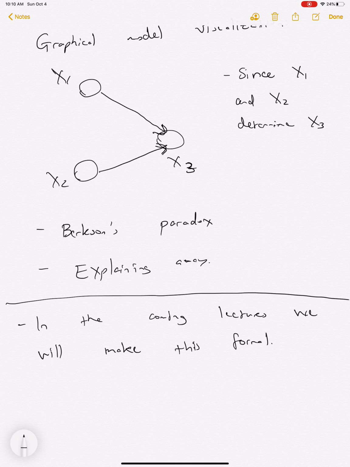But in the coming lectures, we're going to formally understand how we go from our multivariate distribution to a graph, and see how you can do that in both of these examples.